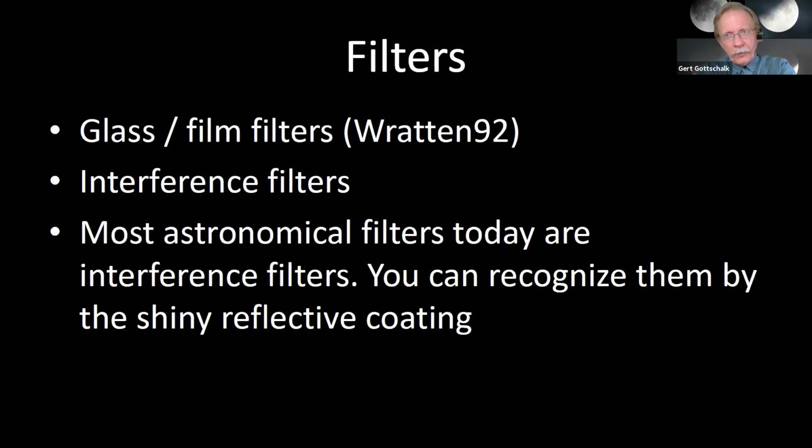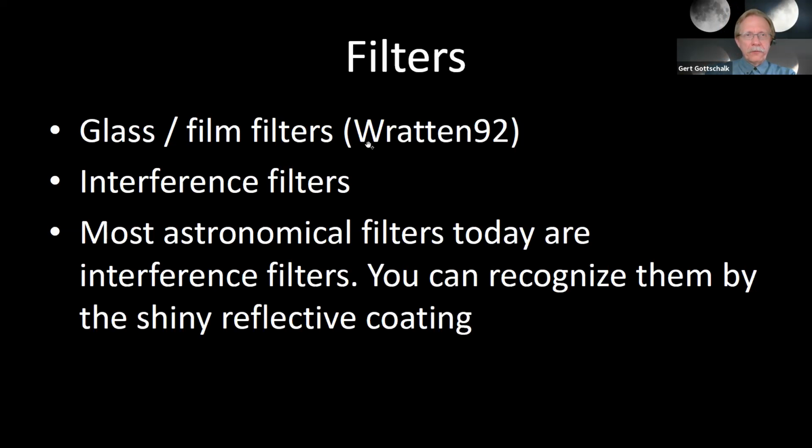So when we want to take images that try to block or reduce the penalty of light pollution, we want to use filters. Now, in the good old days, who remembers a Wratten 92 filter being used for hydrogen alpha light photography? You would have a glass or even a film type of substrate, and that would be a filter.